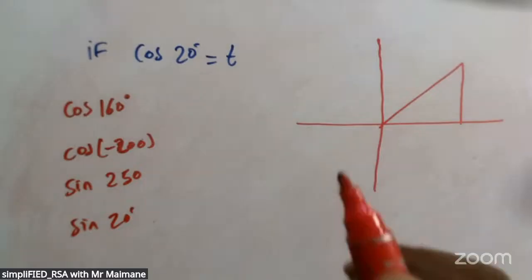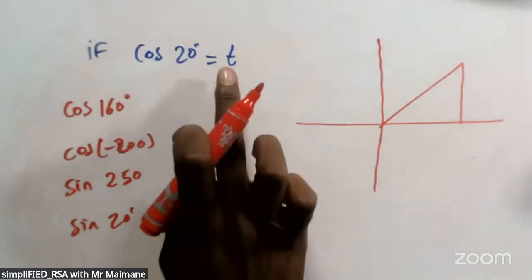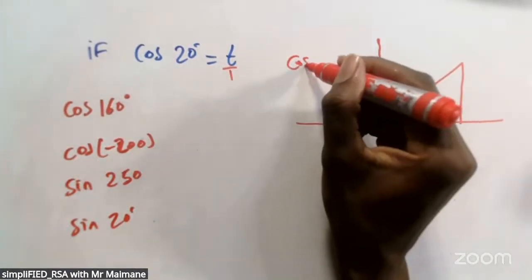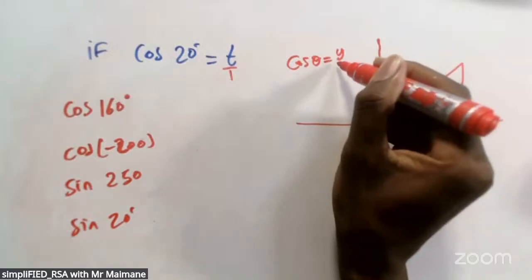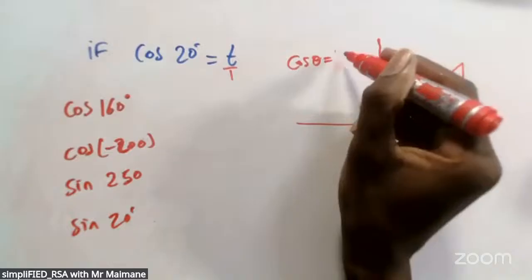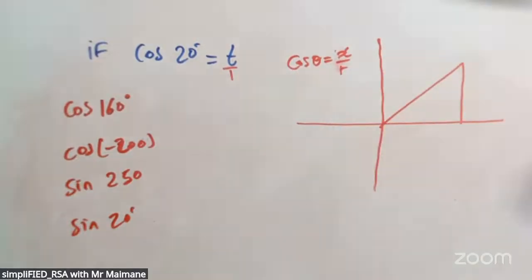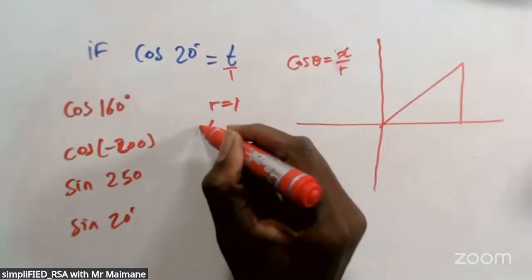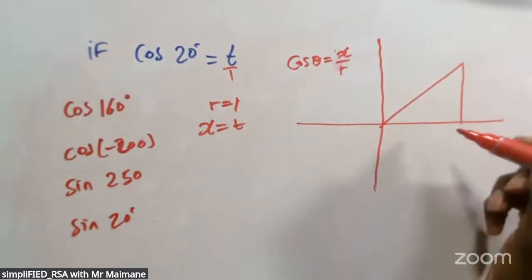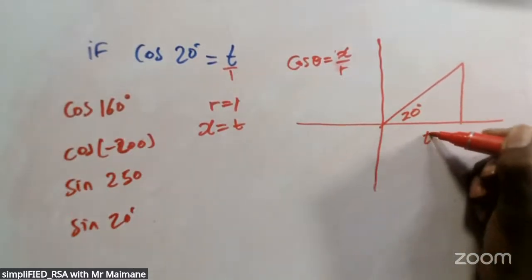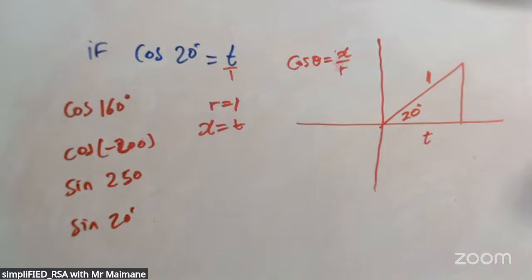And always stick to the fact that any number is over 1, so you know that cos of theta will be x over r. In this regard, you already know that your r is 1, your x is t, and you put 20 degrees there. Cos is adjacent over hypotenuse.